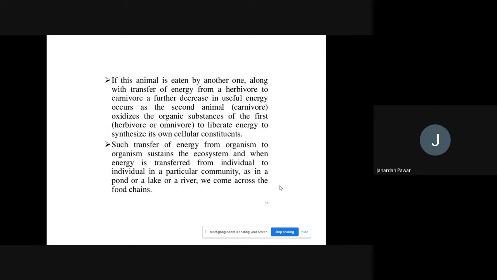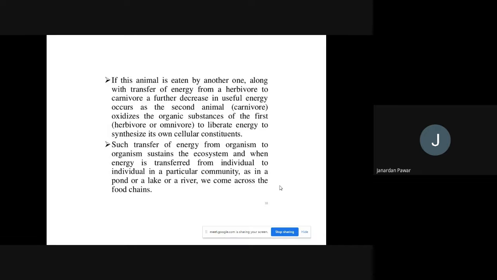So here they have said that one animal eats another animal, and from that we can understand how they are dependent on each other and how the food chain is there.